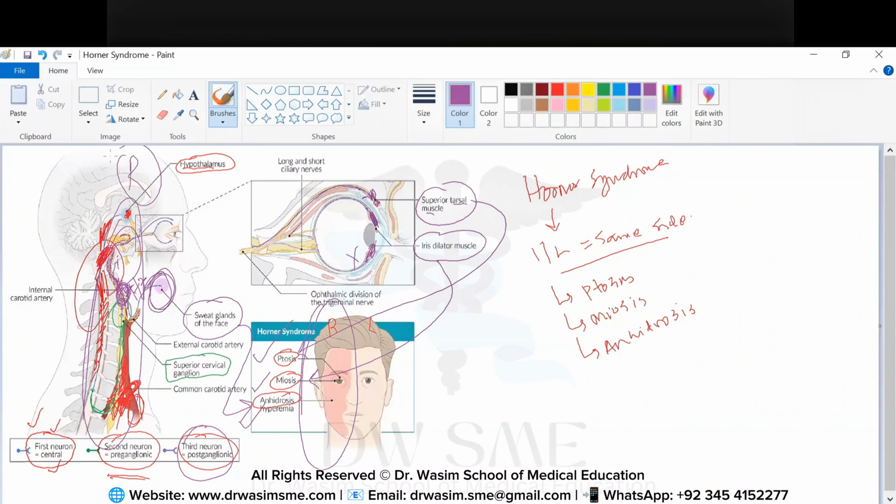That's why this is called ipsilateral ptosis, miosis, and anhidrosis. If a patient is having these, we will say that the patient has Horner syndrome, and it will be because of three neuron lesions, whether in the central, preganglionic, or postganglionic. First neuron, second neuron, or third neuron, each having different causes.